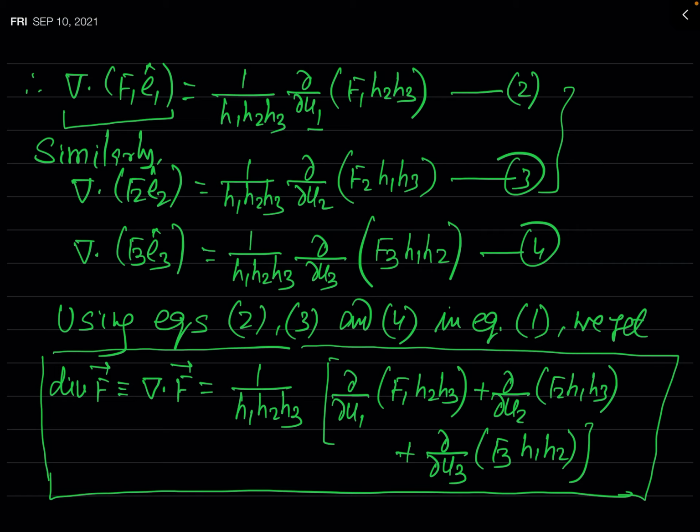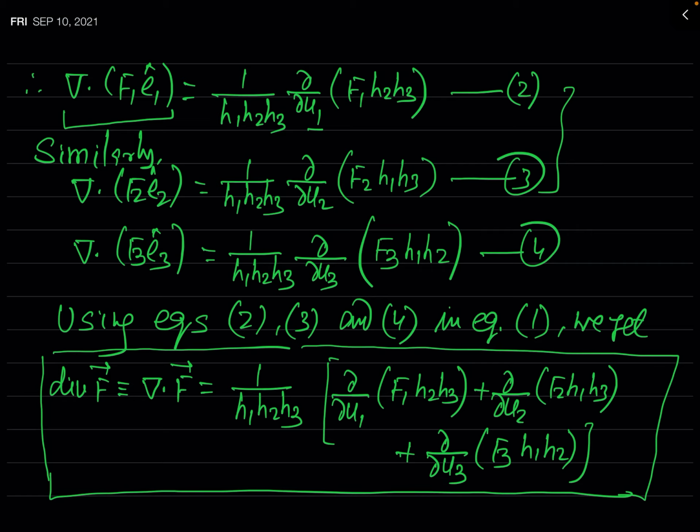This is the general expression. You will see the utility of this expression when we deal with the divergence of a vector function in particular orthogonal curvilinear coordinates like Cartesian coordinates, spherical polar coordinates and cylindrical coordinates. Actually, when we find the divergence of f in all those three orthogonal curvilinear coordinate systems, you have only to evaluate the scale factors h1, h2 and h3.